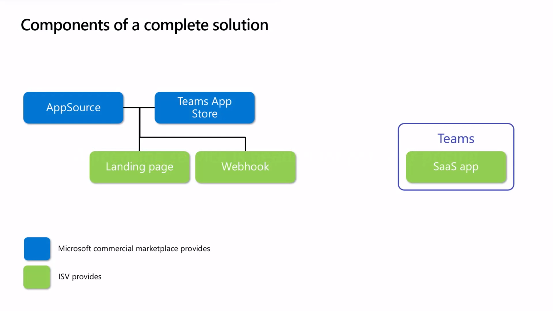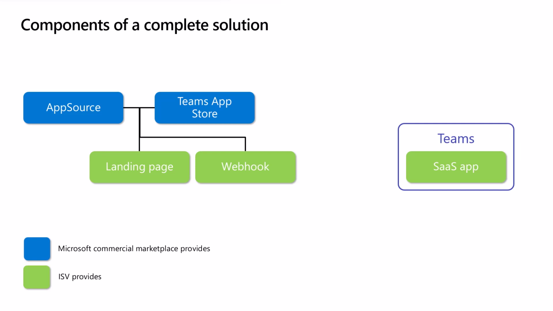Here's a quick look at the whole ecosystem and the components of a complete SaaS solution and who's responsible for which pieces. Things in blue come from Microsoft, that's AppSource, and the Teams App Store, obviously.